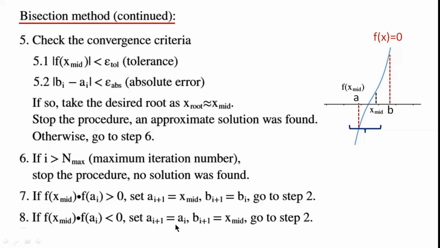So the root is in the interval ai and x mid. So we set ai plus 1 to be equal to ai and bi plus 1 to be equal to x mid. Go to step 2.